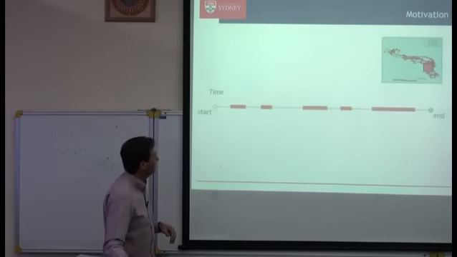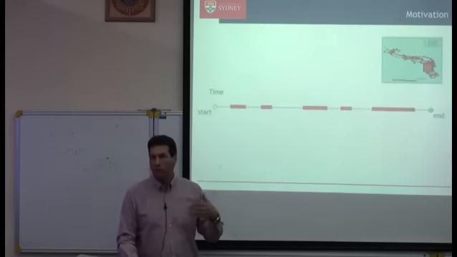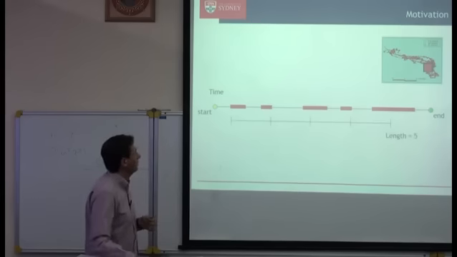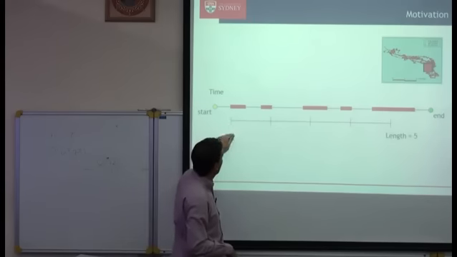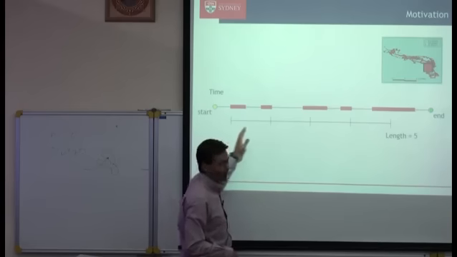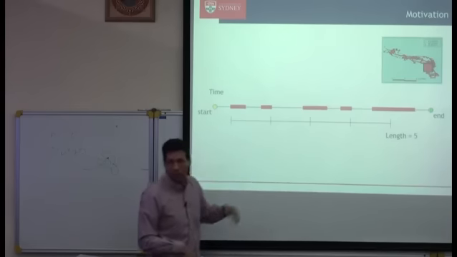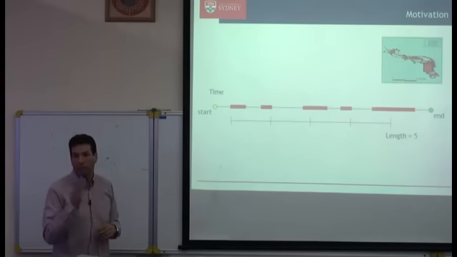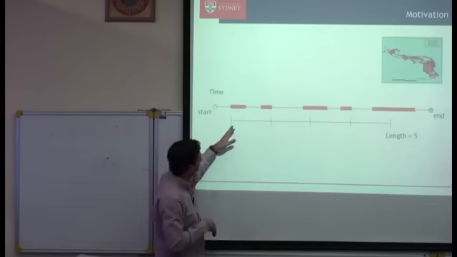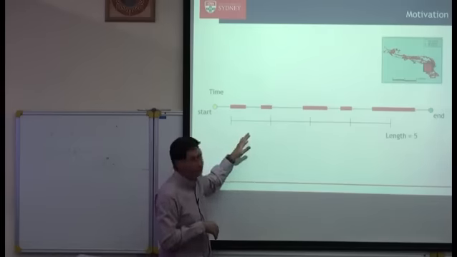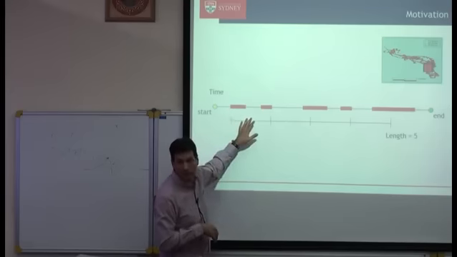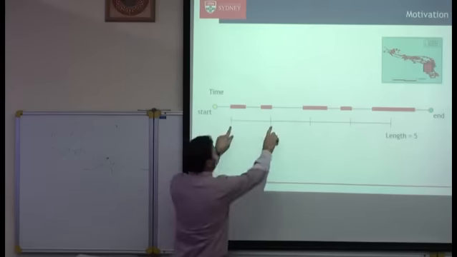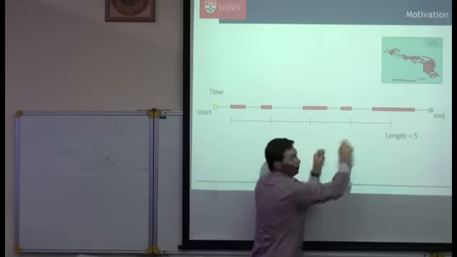Okay. So now you want to try to find some kind of regularity here. You want to find regular events for which at each event you're inside the interval. For example here, 5 times in a row you're inside, with the same interval length.